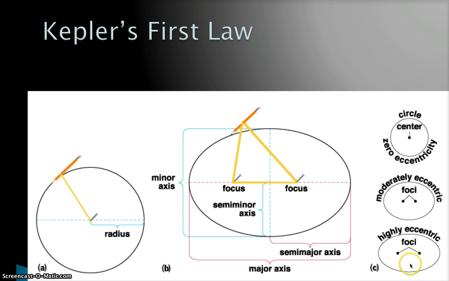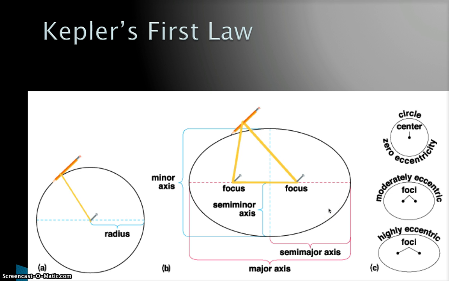Ellipses come in different varieties. Actually, a circle is a special kind of ellipse where the 2 focus points are at the same location. As you pull the focus points apart, the ellipse becomes more and more elongated. We can cut everyone a little bit of slack because the eccentricity, which is how we describe how elongated an ellipse is, for the paths of the planets was relatively small.